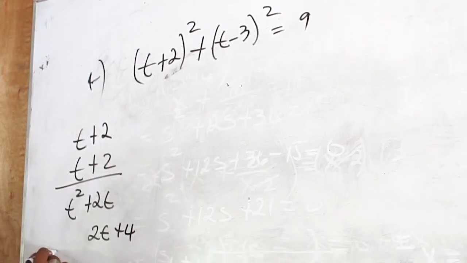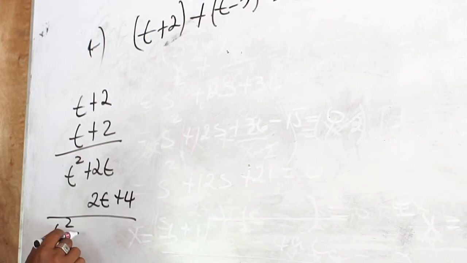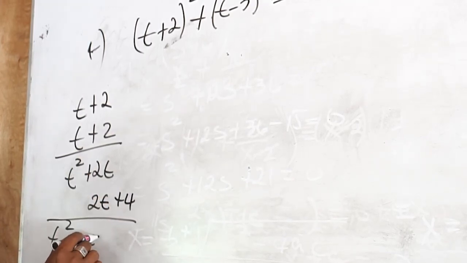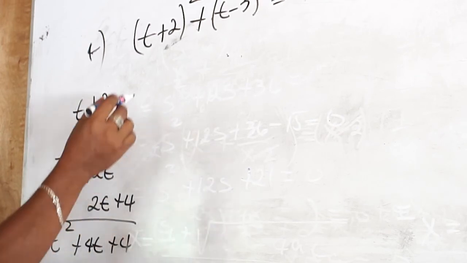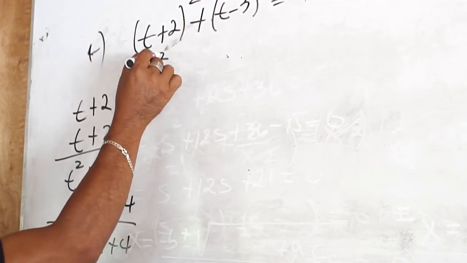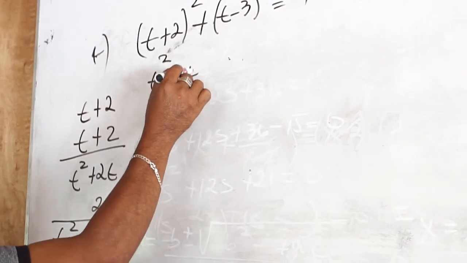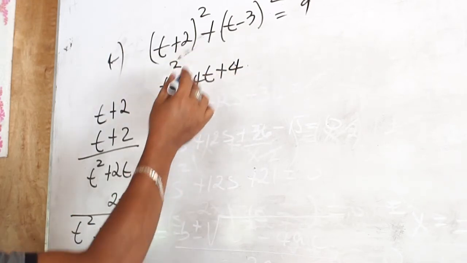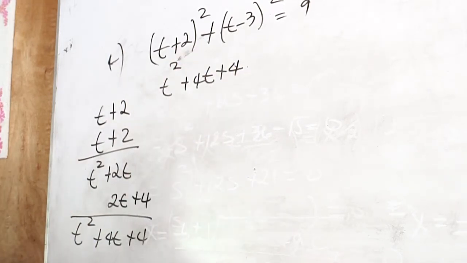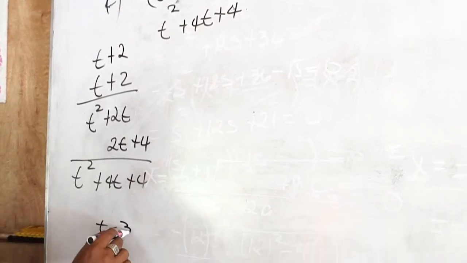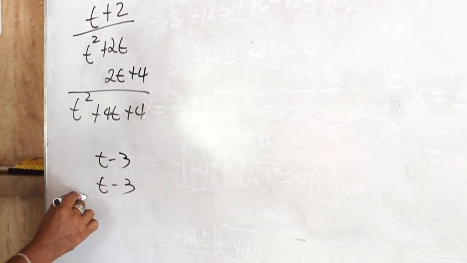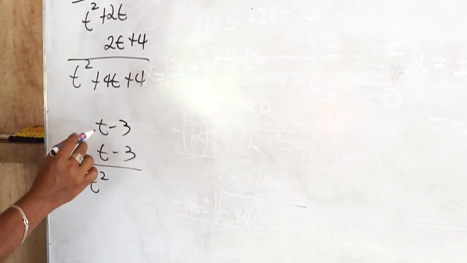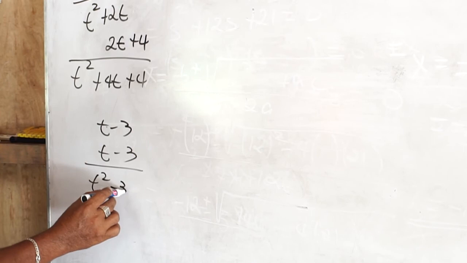positive 4. Then add. Okay, we have t squared positive 2t plus 2t, the result is 4t. Then we have positive 4. Okay, so we have t squared, positive 4t, then we have positive 4. Then next, we have the second binomial. Okay, we have t, negative 3, then t, negative 3, then multiply. T times t, that is t squared. Negative 3 times positive t, so we have negative 3t.